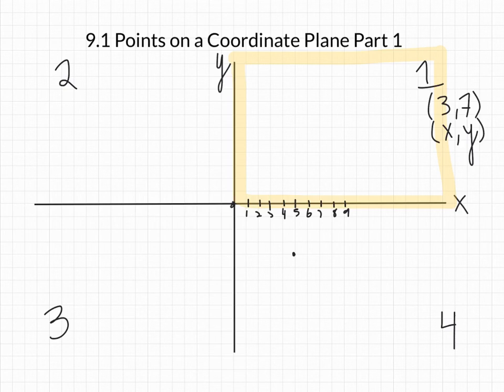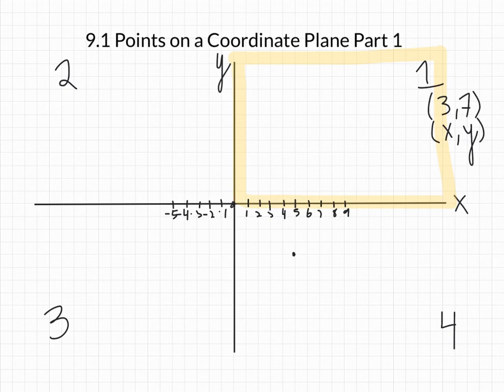And then on the other side of the x-axis, that's going to be all the negatives. You're going to want to start with -1, just like on a number line, and then -2, -3, -4, and so on. And then I could also label the numbers on the y-axis.